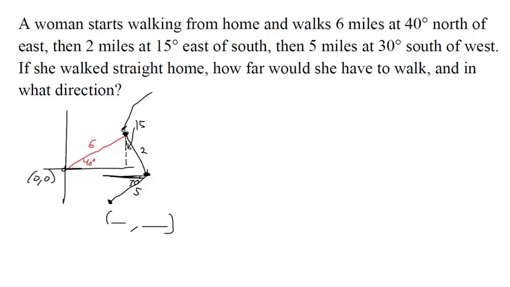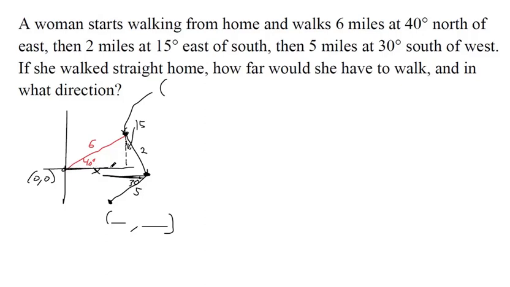So let's start with this one up here. It's 6 miles to go directly from 0, 0 up here. But what we want to know is the x and the y coordinates. And that's where we're going to be able to use that 40 degrees in right angle trigonometry. Because the x axis is going this direction, so the x coordinate would be right here.